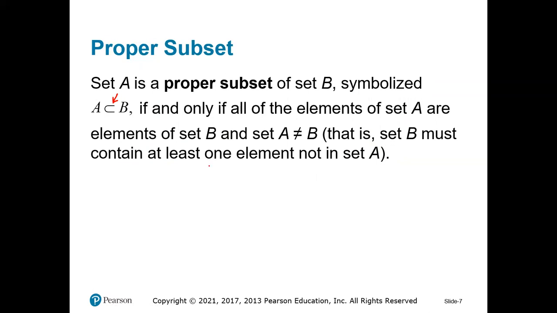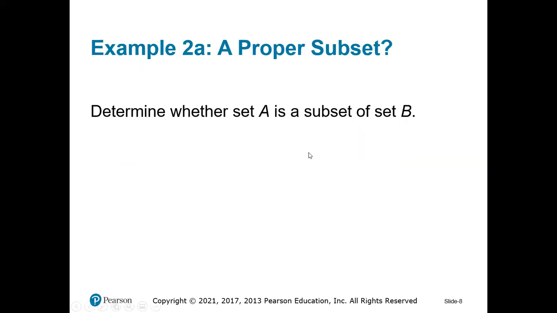A proper subset is a subset, but the two sets must not be equal to each other. So in other words, set B must contain at least one element not in set A. At least one. That's the definition of a proper subset.